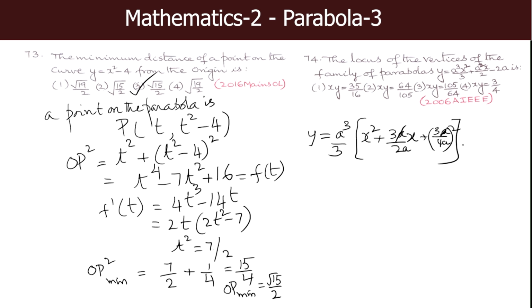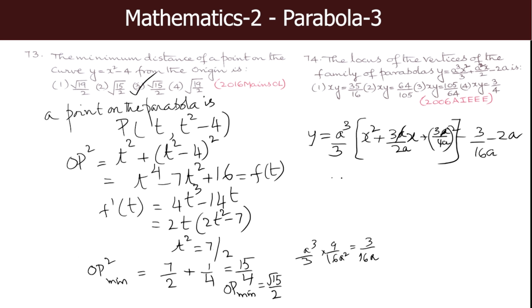So what you have added is a cubed by 3 into 9 by 16a square, that is equal to 3a by 16. So you have to subtract the same thing, minus 3a by 16, minus 2a. A simple calculation.